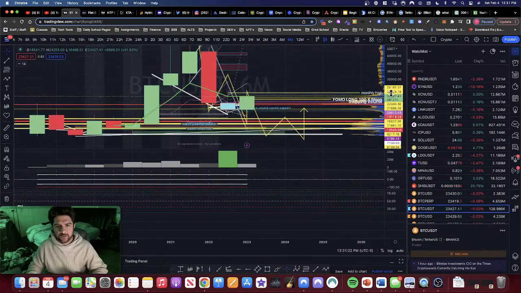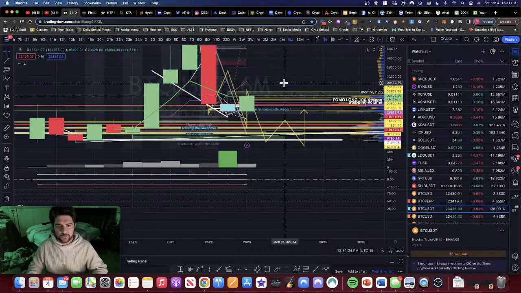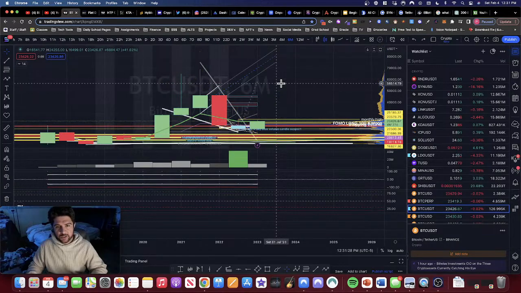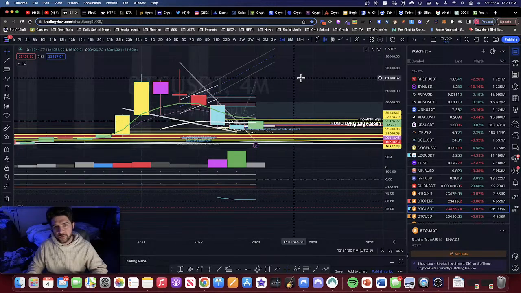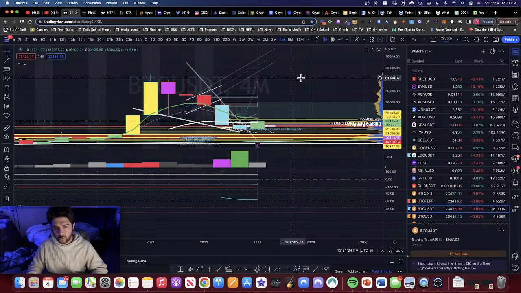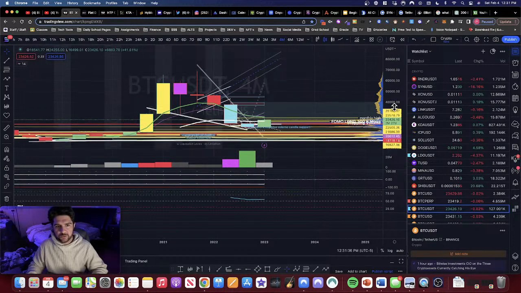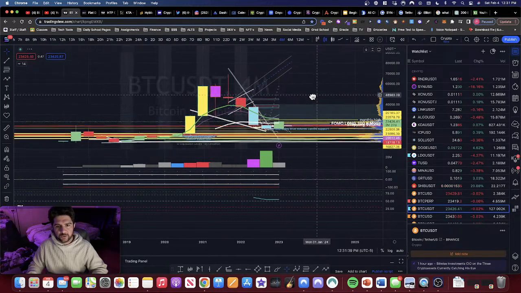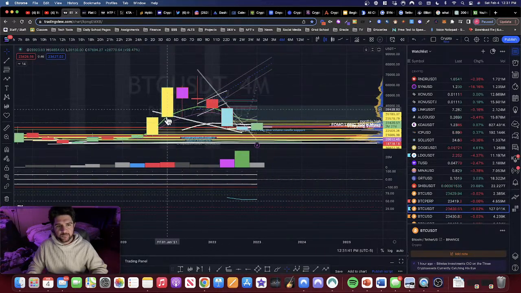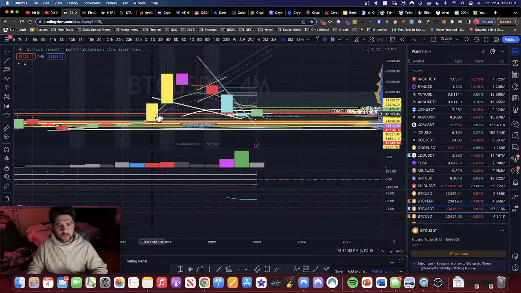So on the 6 month, that's in essence what I'm seeing. Then you get your 4 month. Now 4 is good because it's divisible by 12, right? So you can kind of see what's going on. I'm looking at the candlesticks, and on your 4 month, you have a lot of selling going on.